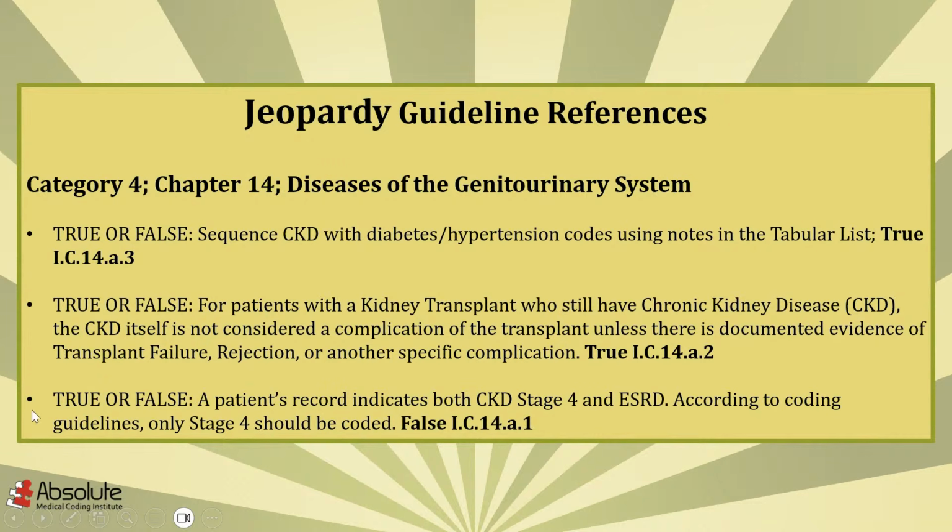This was the question that I was going to change, so this one looks a little bit different. It was going to be a patient's record indicates both stage 4 and ESRD. Only stage 4 should be coded. Obviously, this is false. So that is the guideline. So that was just a little bit of a difference. But other than that, those are all of the questions and answers for that one.